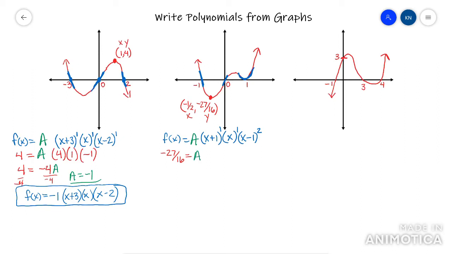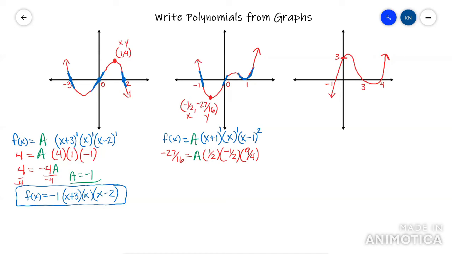-1/2 plus 1 is 1/2. -1/2 gets plugged in for x here. -1/2 minus 1 is -3/2. And then squared, it becomes 9/4.